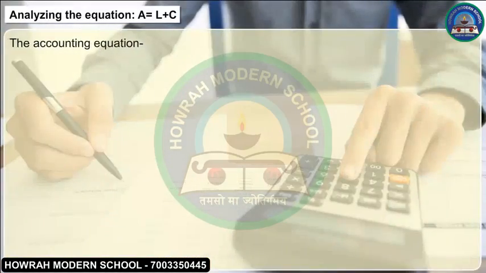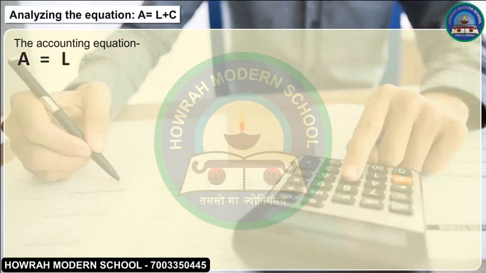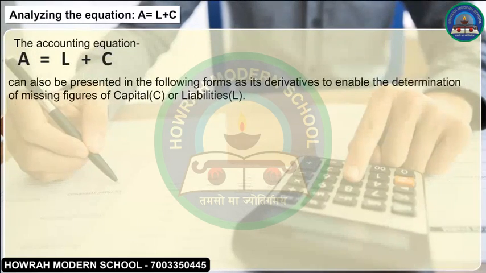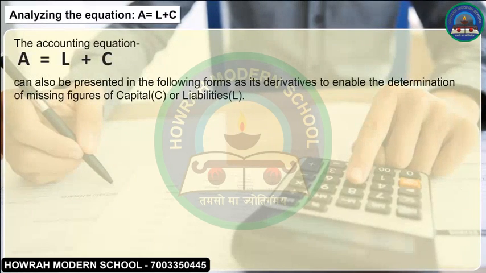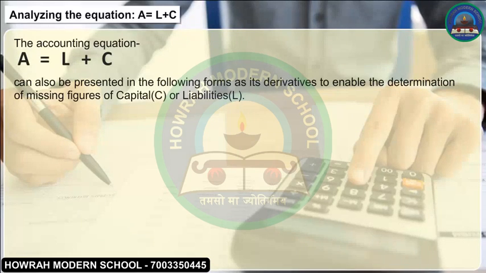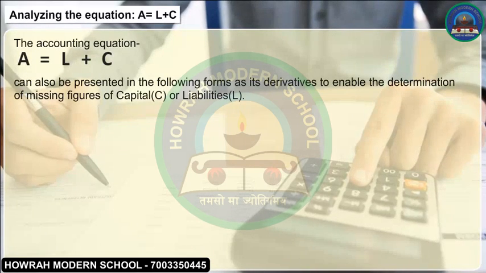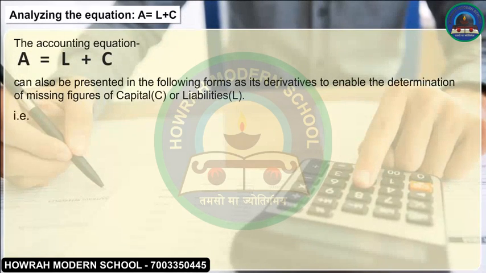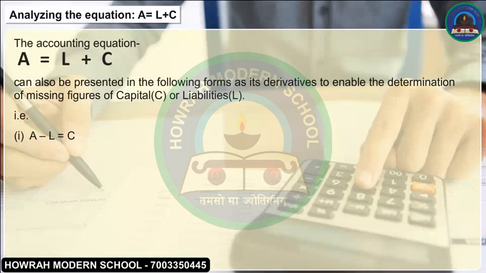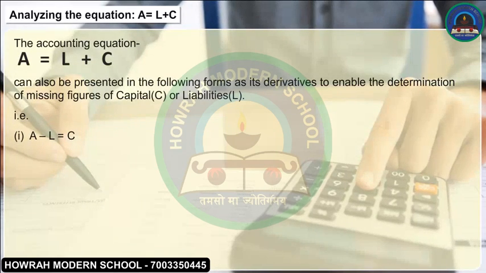The accounting equation, A is equal to L plus C, can also be presented in the following forms as its derivatives to enable the determination of missing figures of capital C or liabilities L. That is, 1. A minus L is equal to C. 2.